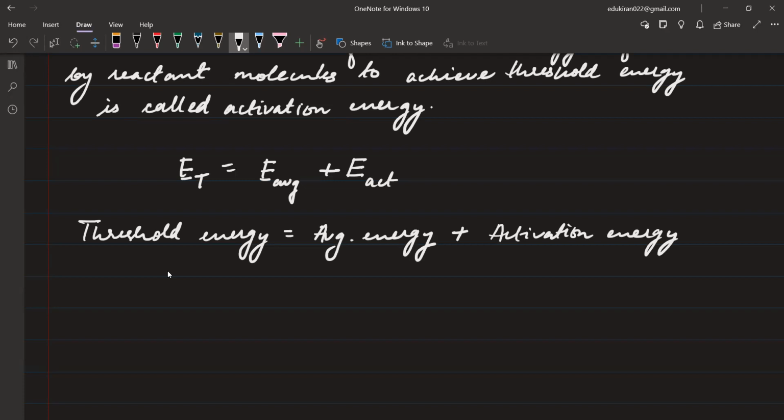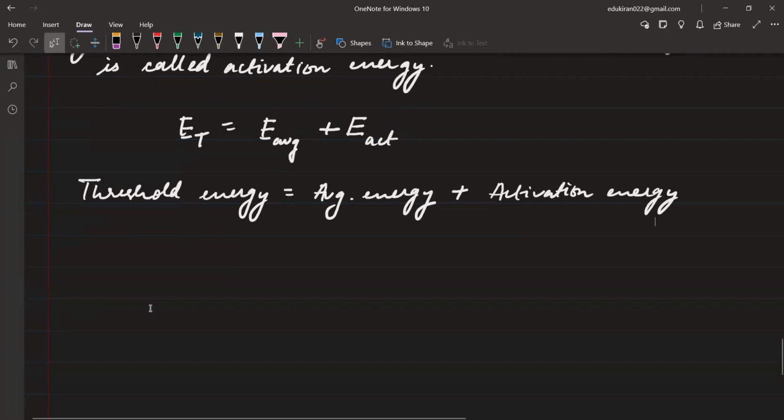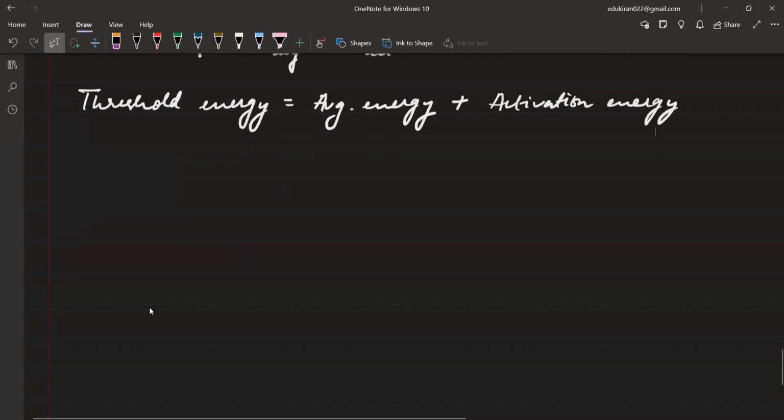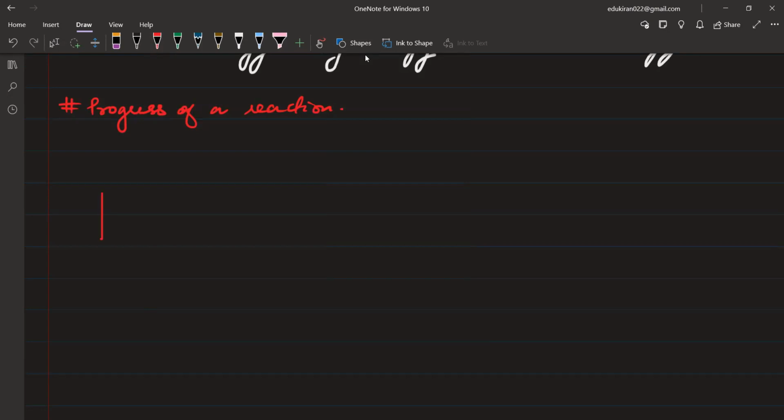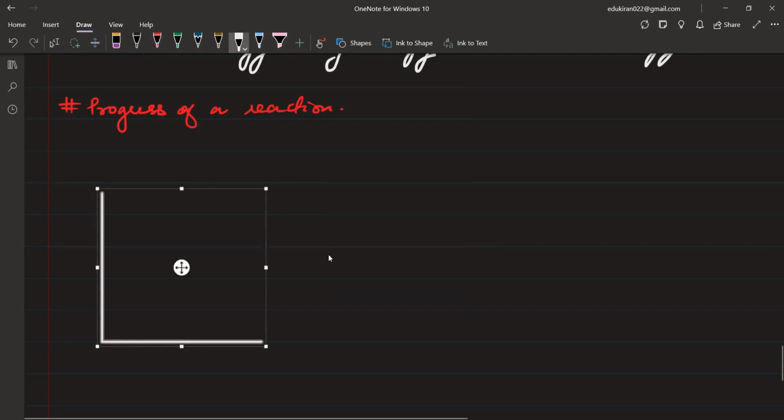Okay, now let us write progress of a reaction. Now, in progress of a reaction, we have two axes.